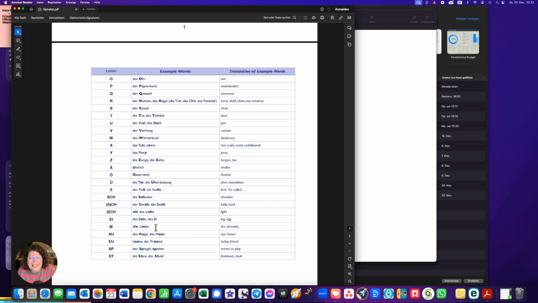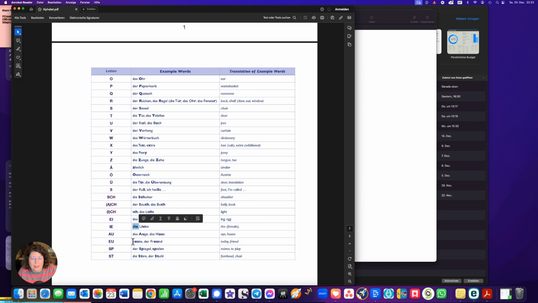Oder Liebe. That's love. Dann, we're almost there. Au. Das ist like das Auge. Oder das Haus. Das Auge being the eye. Das Haus being a house.